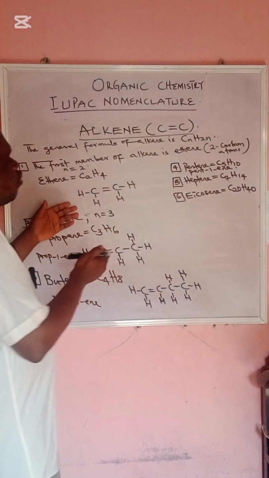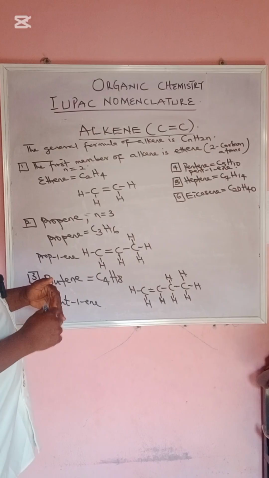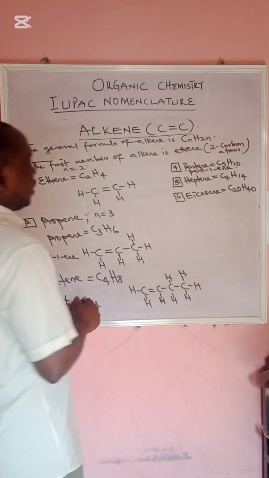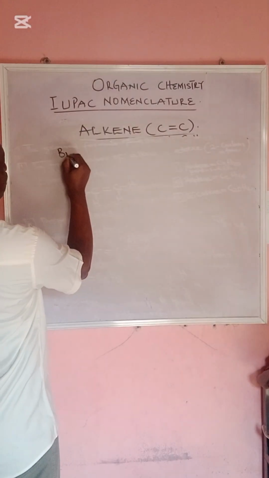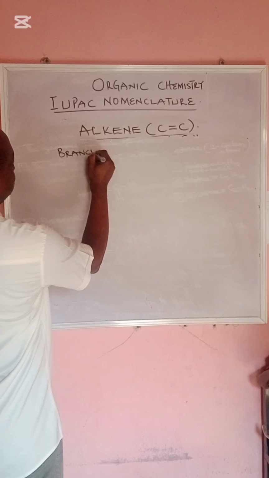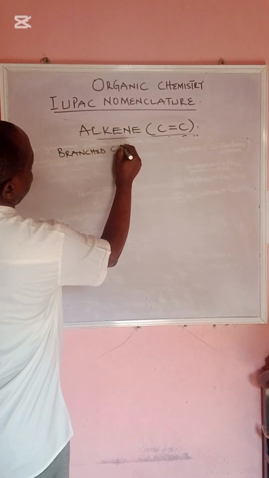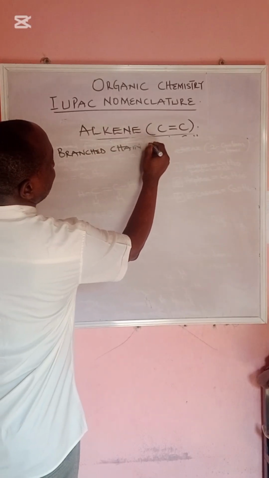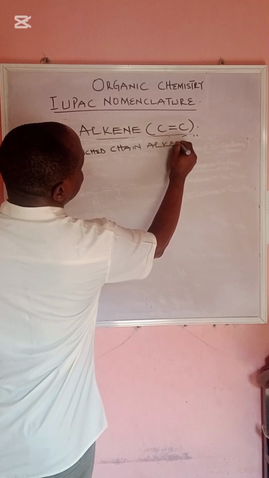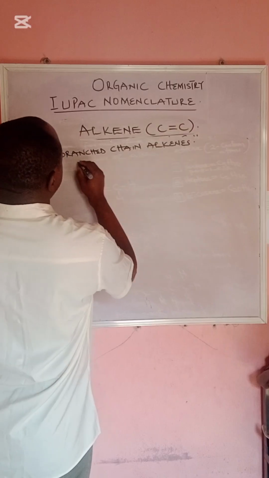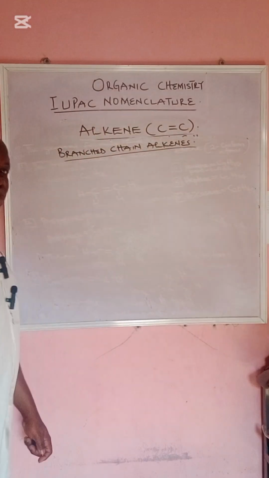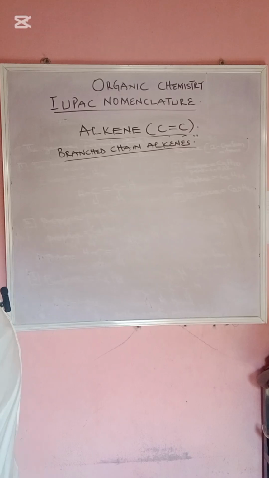But all these are called straight chain. What of when they are branched? How do we name branched chain alkane?